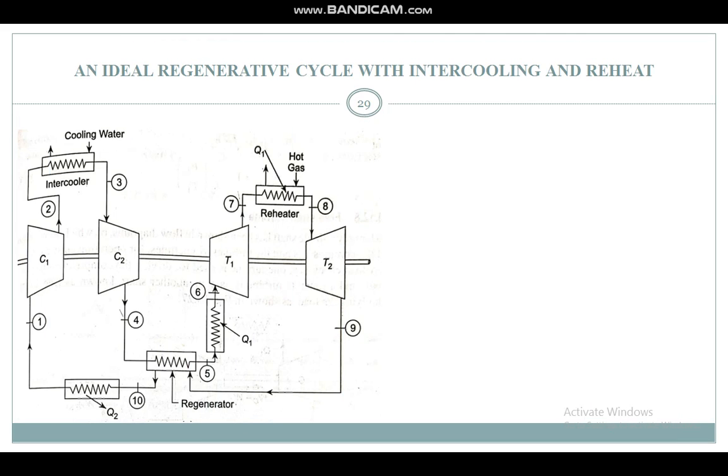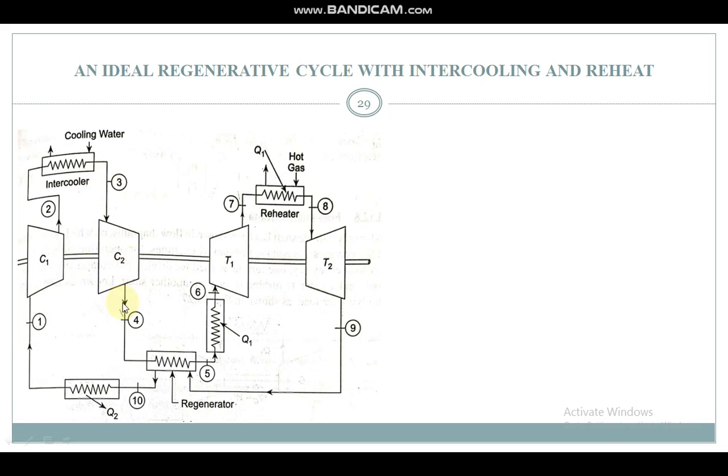So let us now come to an ideal regenerative cycle with intercooling and reheat. As discussed, to increase the overall cycle efficiency, we need to apply regeneration along with intercooling and reheat. So this is the intercooler where the temperature after compression, T2, is brought to the initial temperature T1, that is T3 after the intercooler, T3 equal to T1, and then that is fed to the second compressor.